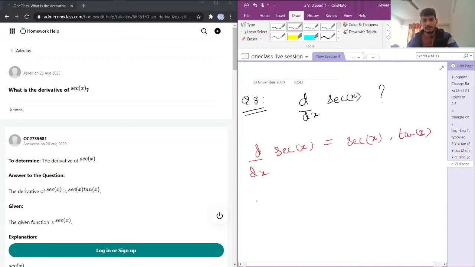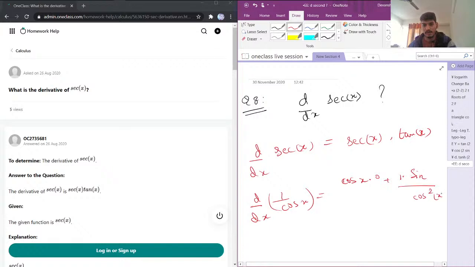If we want to derive this, then secant of x is basically 1 over cosine of x. We use the quotient rule for this. So 1 times cosine of x, the derivative of 1 will be 0, and then minus 1 times the derivative of cosine, which is minus sine, over cosine squared x.